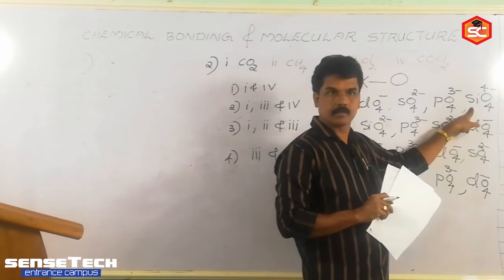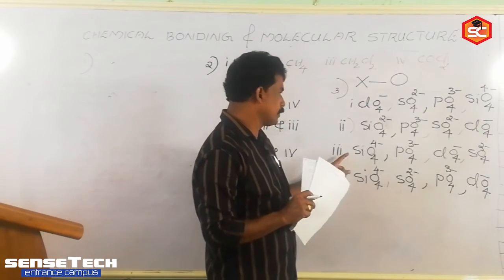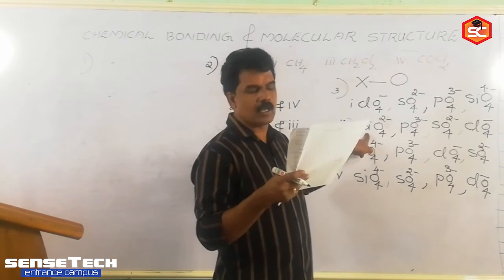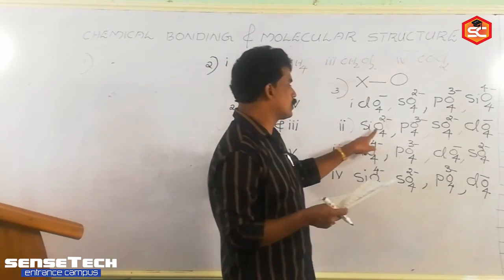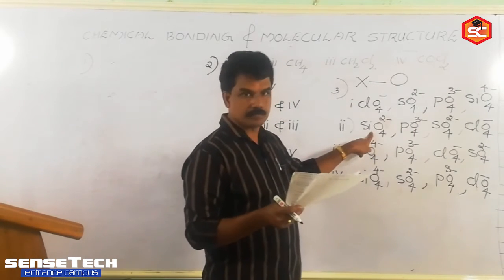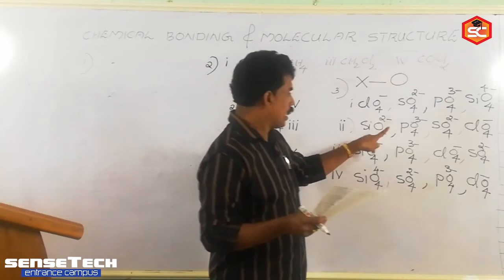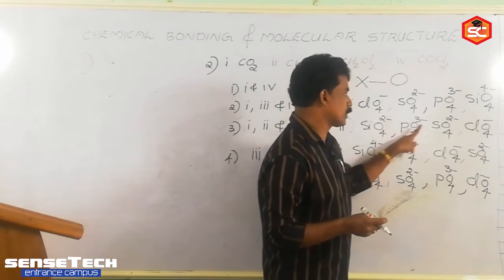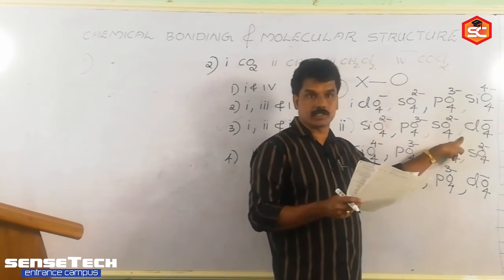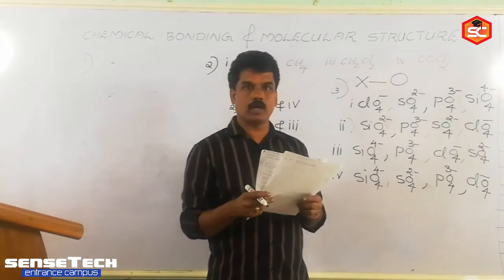So the electronegativity difference is more, the interaction is weak, so the bond length is more. Moving down the electronegativity: phosphorus, sulfur, chlorine. For chlorine and oxygen the electronegativity difference is least, so the bond is strong and the bond length is less.